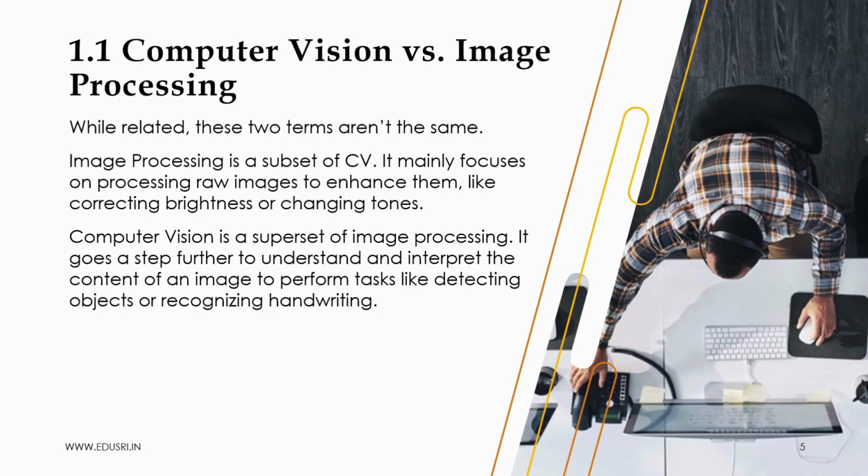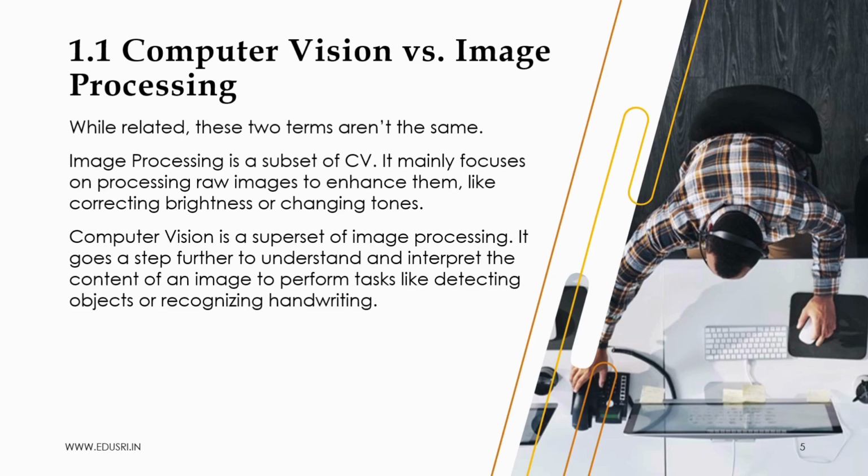For example, image processing can be used to correct the brightness of an image, adjust its contrast, or change its color tones. On the other hand, computer vision is considered a broader field. It goes a step further by helping computers understand and interpret the content of an image. For example, computer vision can be used to detect objects in an image or recognize handwriting.